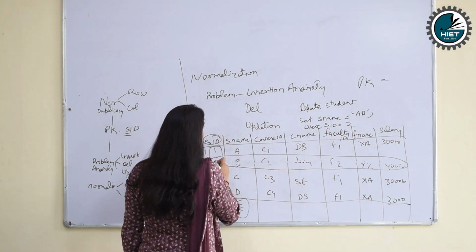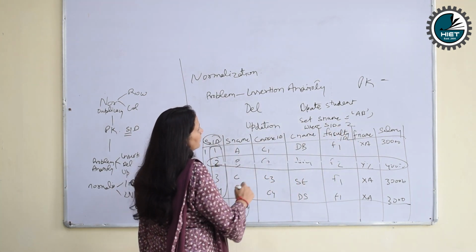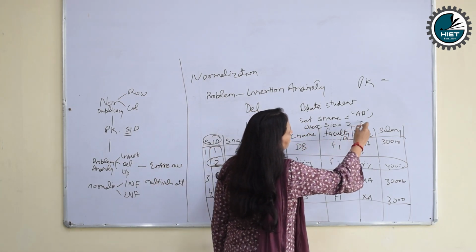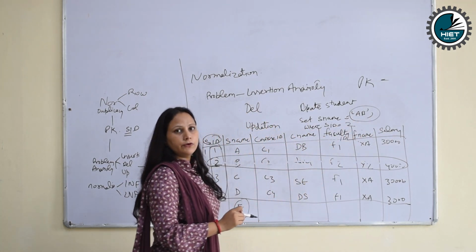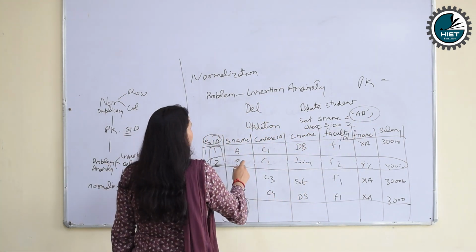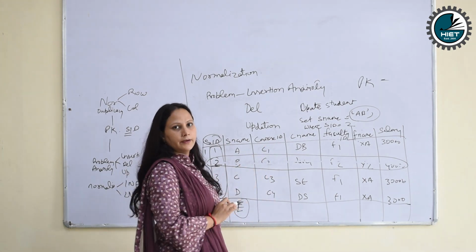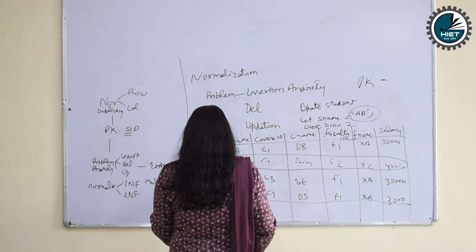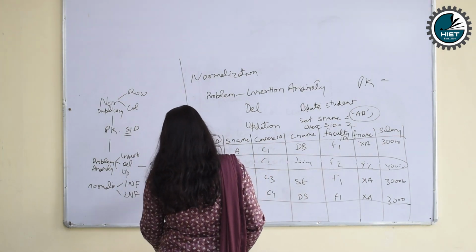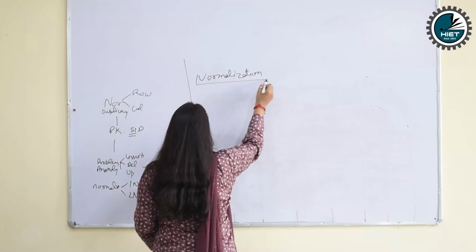It means where student ID is 2, the name of the student is going to change, and that is AB.